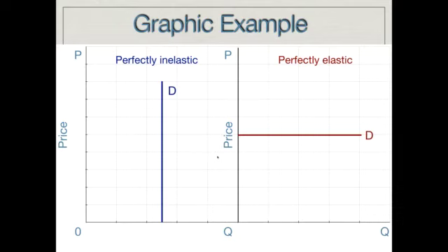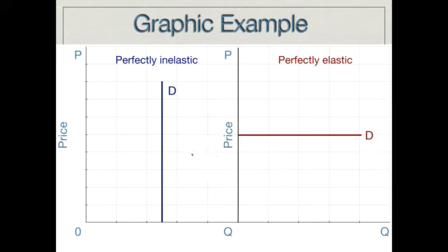If we take a look at perfectly elastic, it is horizontal. That means any change in the price will cause quantity demanded to go to zero. So if we raise the price, people will stop buying completely and buy another product.